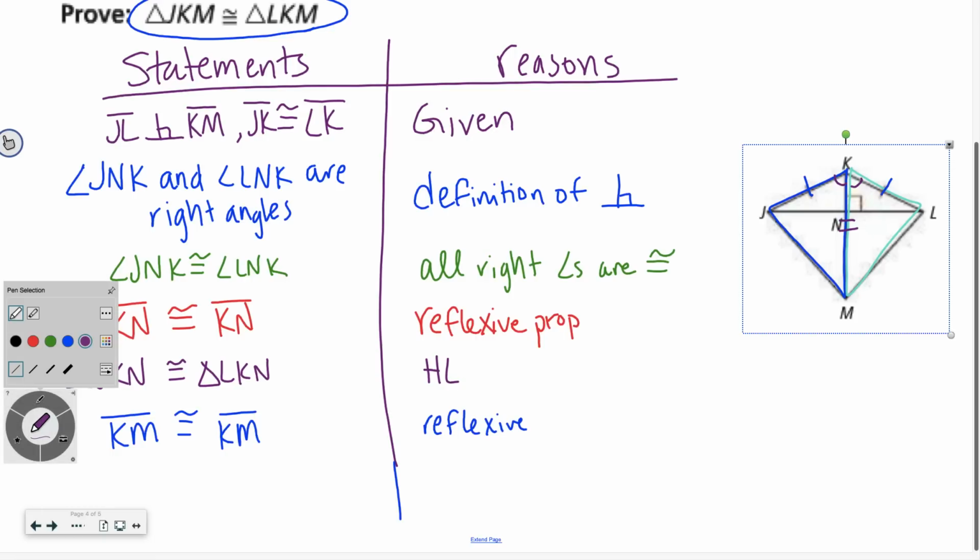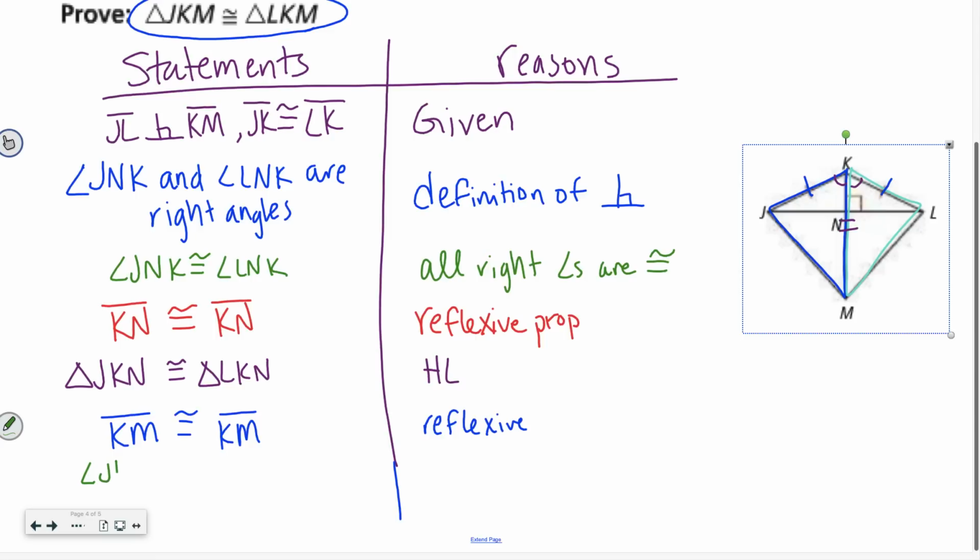And this is where it's really important that we actually proved that triangle JKN is congruent to triangle LKN. Because if those two triangles are congruent, that tells us that those angles that I just drew marks on also have to be congruent. So I can say angle JKN is congruent to angle LKN.